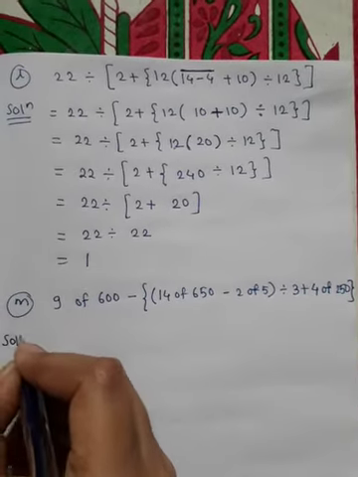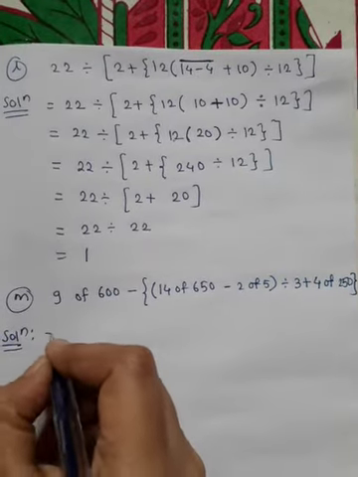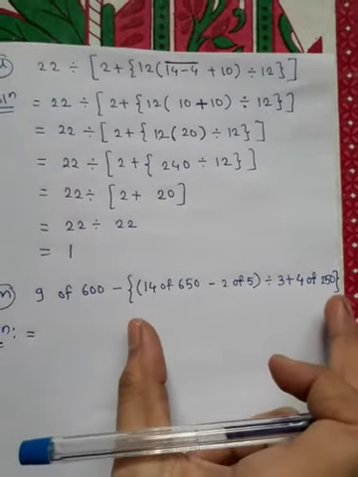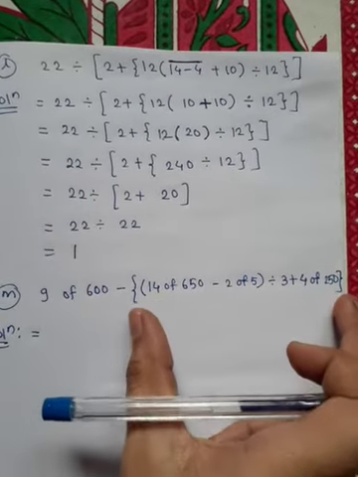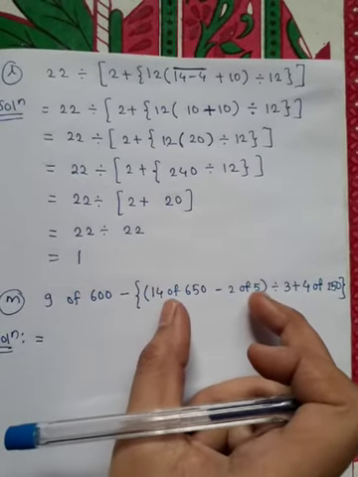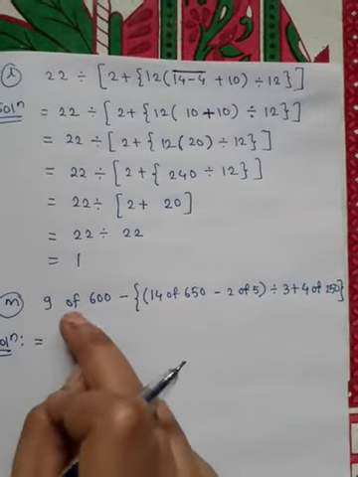Okay, now to solve this example, see, there are two brackets, this is round and curly. So first solve the innermost bracket, that is the round bracket, and simultaneously write the meanings of 9 of.